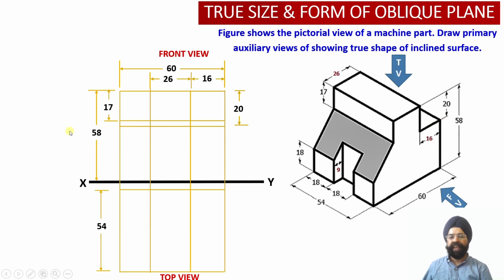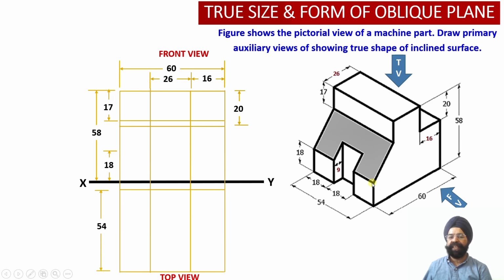Similarly, another thing we need to remember is that this inclined surface is going to start at a height of 18 millimeter from the bottom or the base. So we measure 18 millimeter from the bottom or the base on the left hand side portion of the solid.